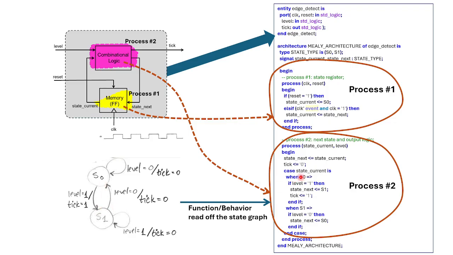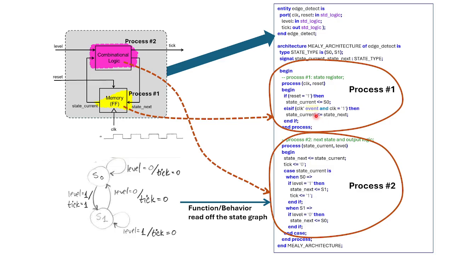For example, if you're on state S0 and if level is equal to 1, then we transition into the state next S1 and generate an output of logic 1. Otherwise, the state remains the same and the output is set to 0. So it's very easy to write off directly, no chance to make any error here, two processes. And this is very handy.